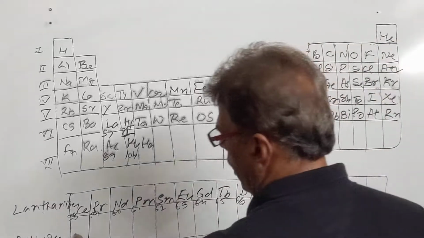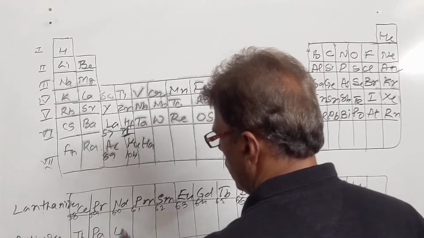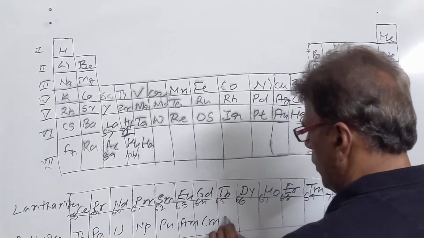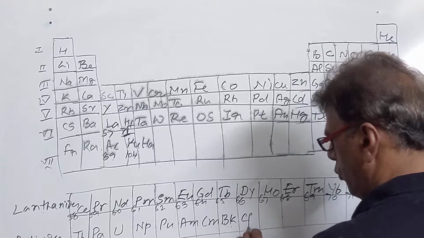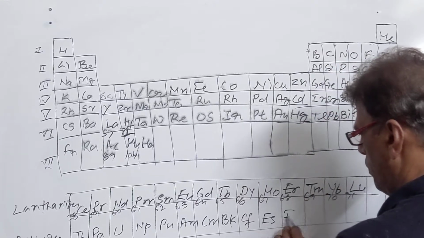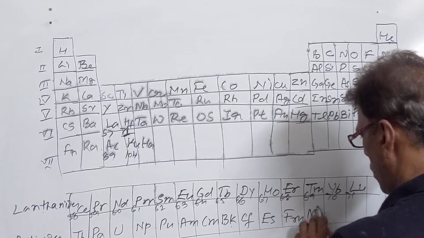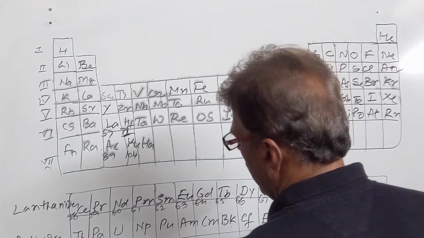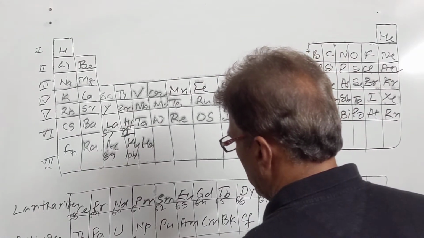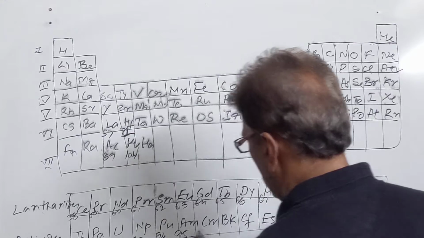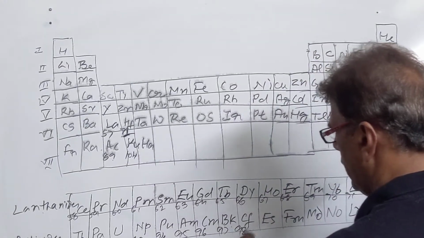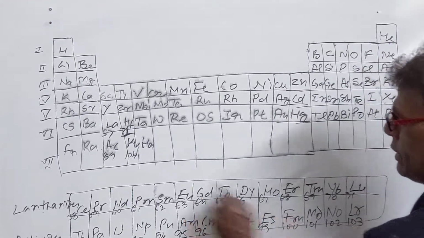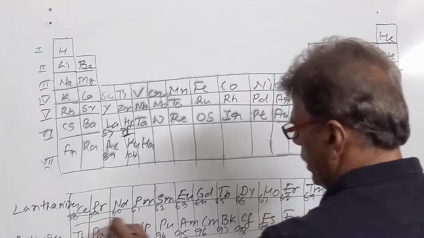Then we have the actinides, starting here: 90, 91, 92, 93, 94, 95, 96, 97, 98, 99, 100, 101, 102, 103. This is 104. So we have two series of elements.